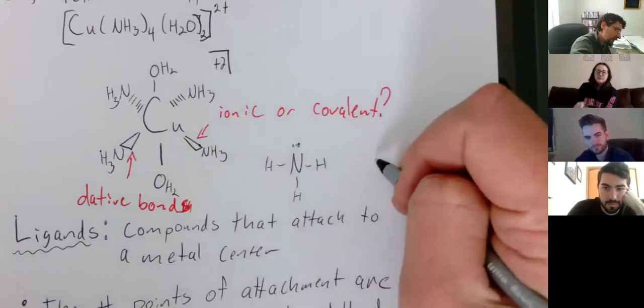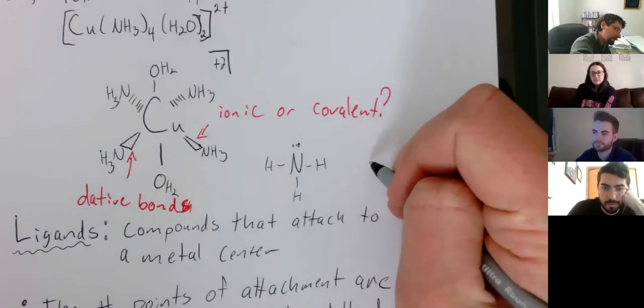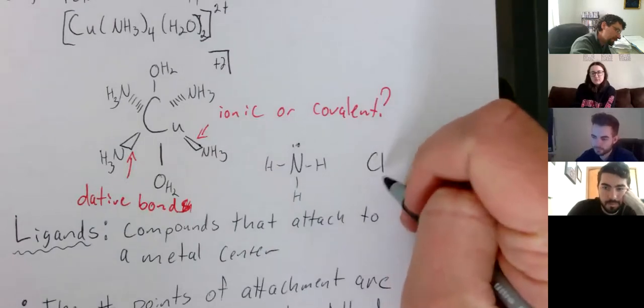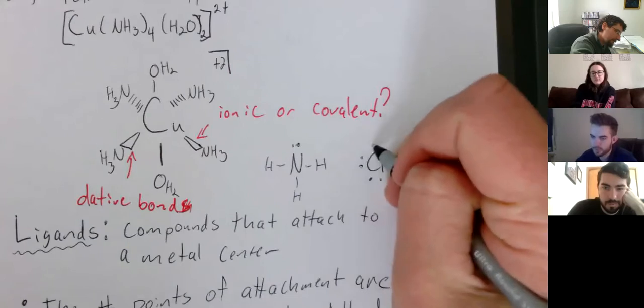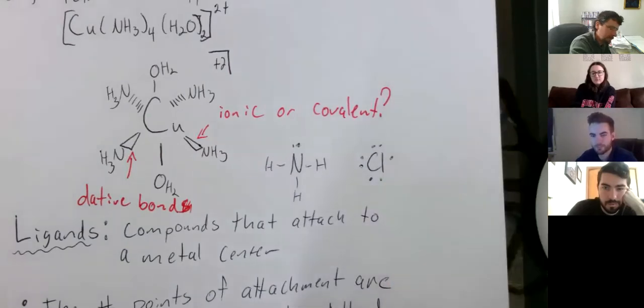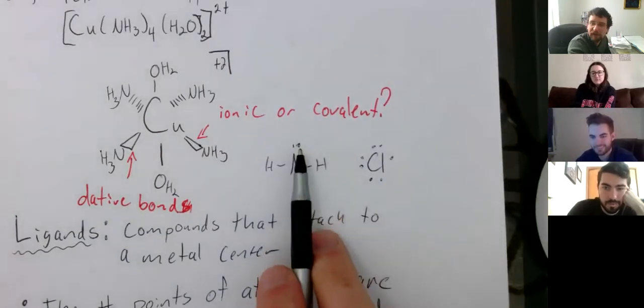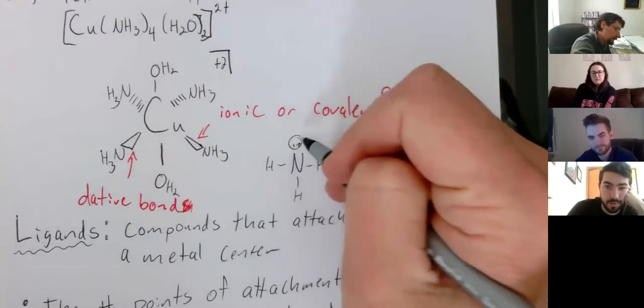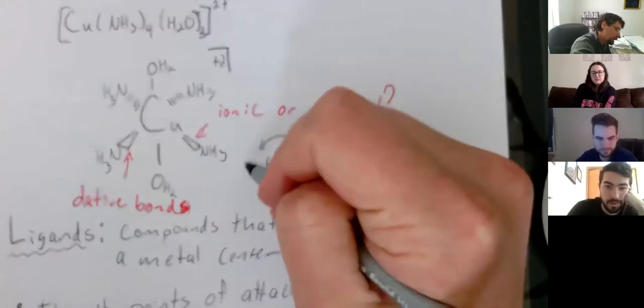Or how does it differ from... oh, is it because of the d orbital? Nope, not the d orbital. Is it just a sharing? It's a complete sharing of those two lone pairs to the metal. Exactly.